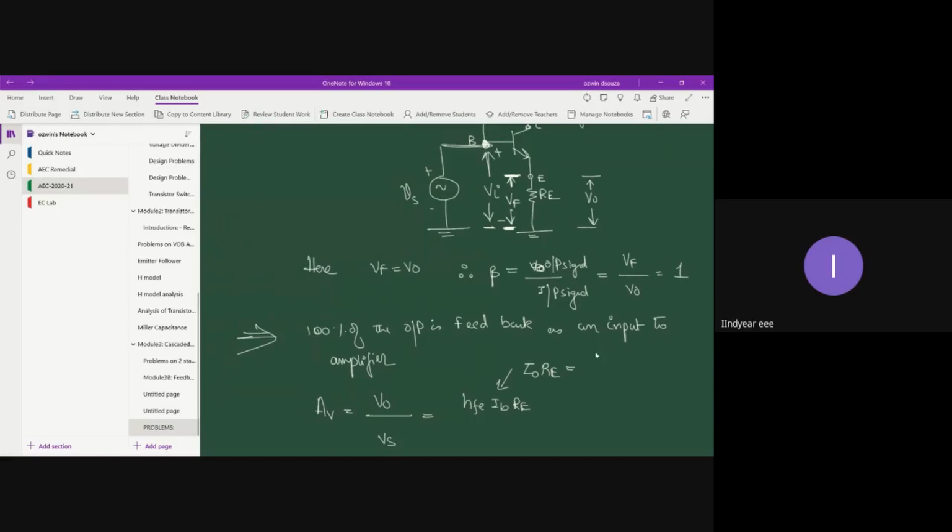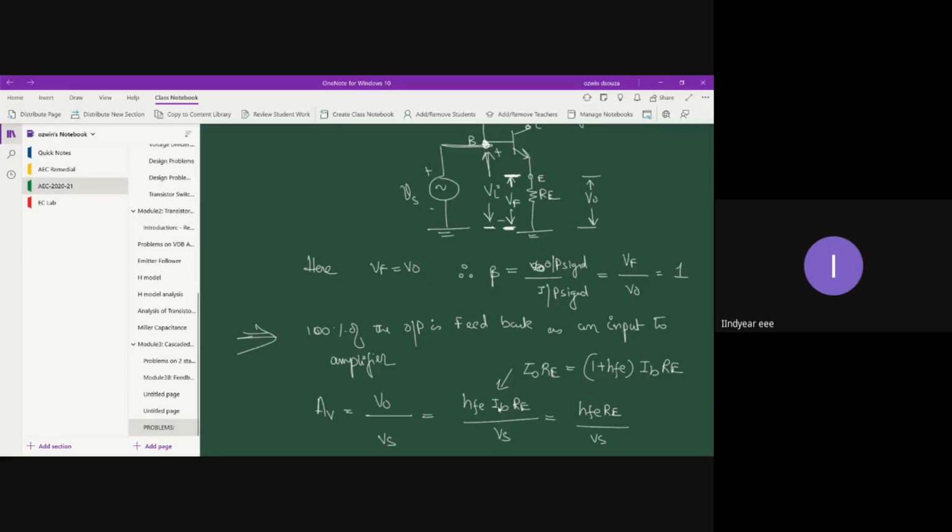I0 is basically (1 plus hFE) times IB. So V0 is (1 plus hFE) IB RE. In short, 1 plus hFE can be written as hFE, so AV is hFE into IB into RE divided by VS.